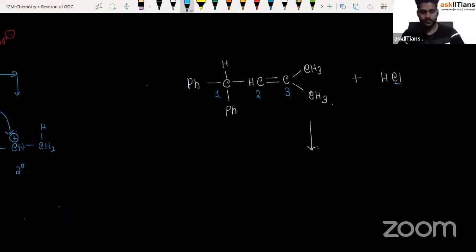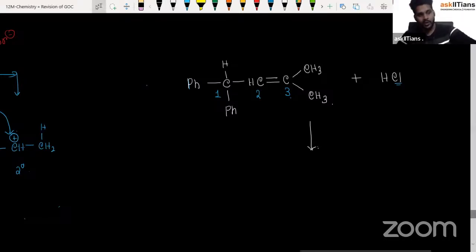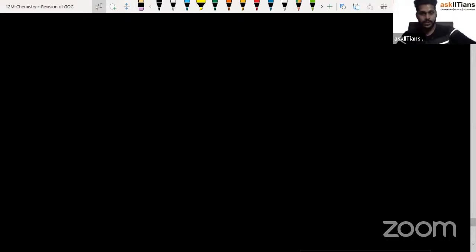Anything? Okay, let's see whether it's carbon number 3 or not. Whenever you are doing organic chemistry, always draw all the possible products that you can have from there, and then you compare the stability for them.